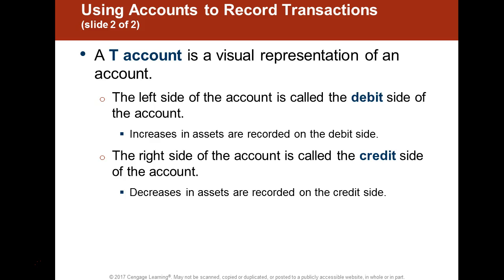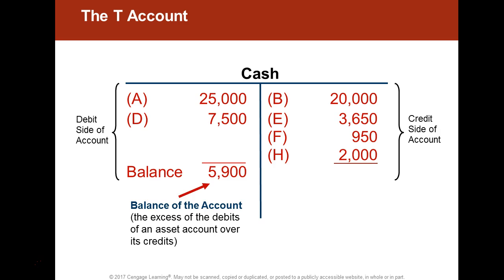Depending on the different accounts, the transactions affecting them will be increasing or decreasing them. So for example, cash has a normal debit balance. It increases with debits. Therefore, whenever you see an asset going up, you know that you're going to be putting that transaction on the debit side of your T account on the left.